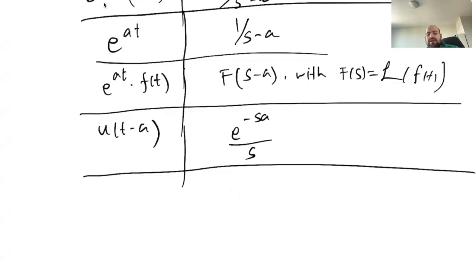Next time we will see for which functions we can guarantee the existence of the Laplace transform, and also whether the Laplace transform is one-to-one, and if it's one-to-one, then can we apply the inverse Laplace transform to get the original function back once we find the Laplace transform of a given function.